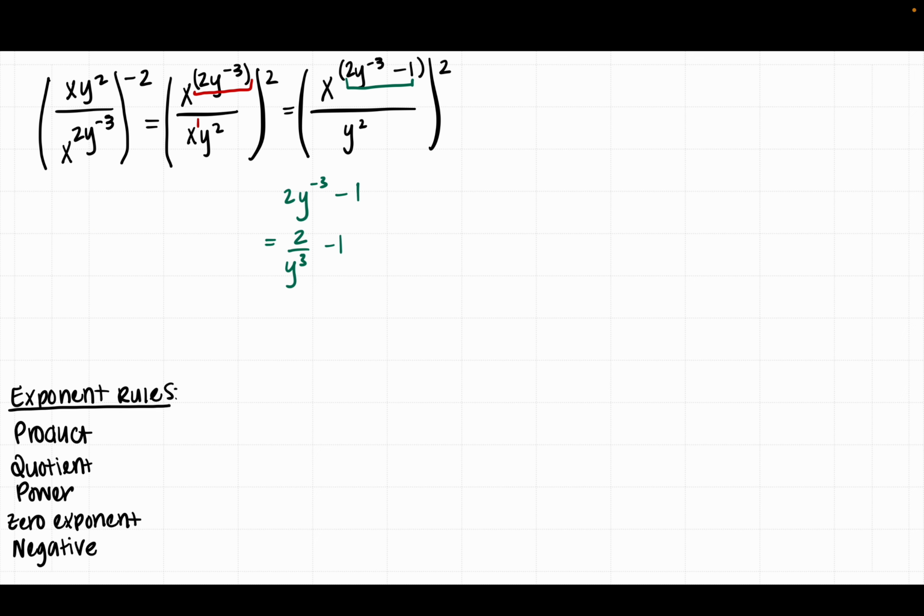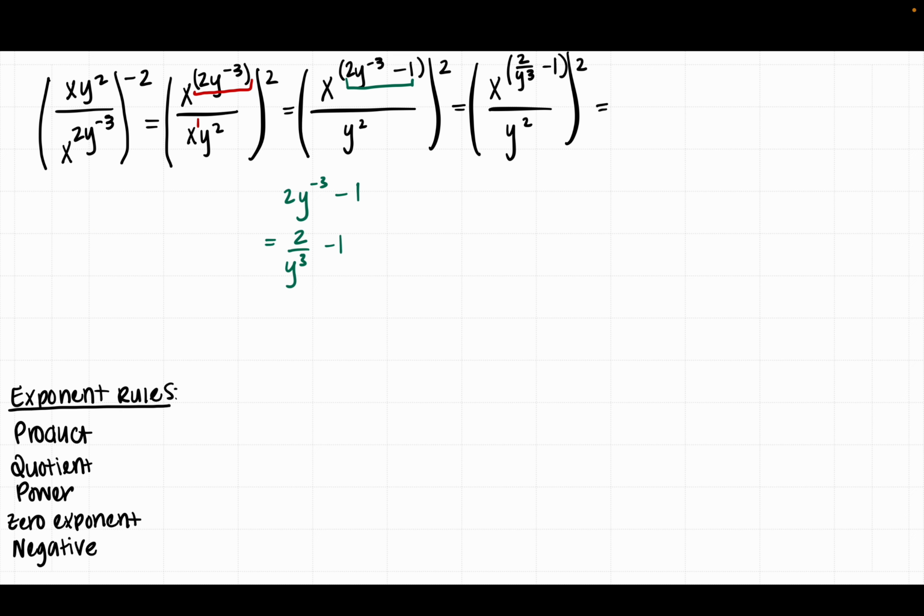So now let's go back and rewrite this in our problem. So now this becomes, big parentheses, x raised to the 2 over y cubed minus 1 divided by y squared, all raised to the 2.